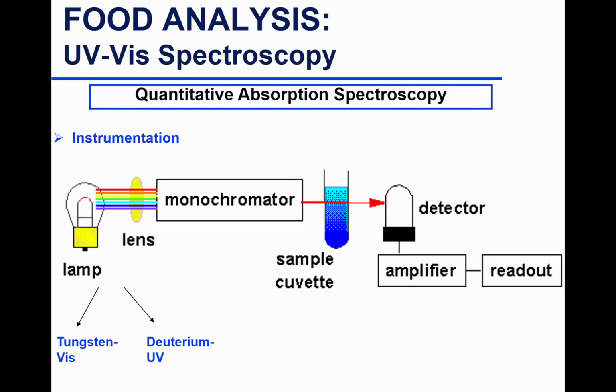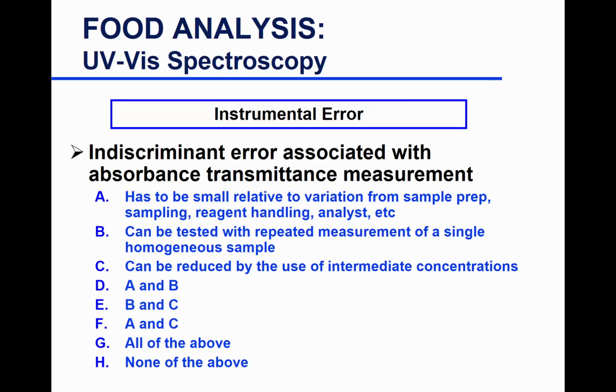Has to be small relative to variation, yeah, that is correct. And that is correct. So you can test it. You measure the same sample multiple times and see what the noise would be.